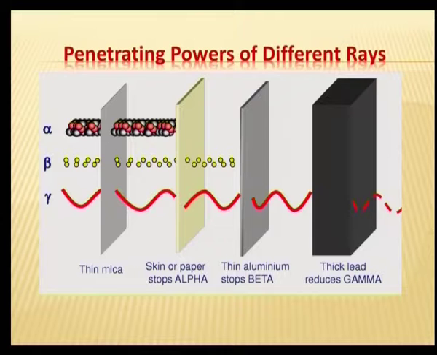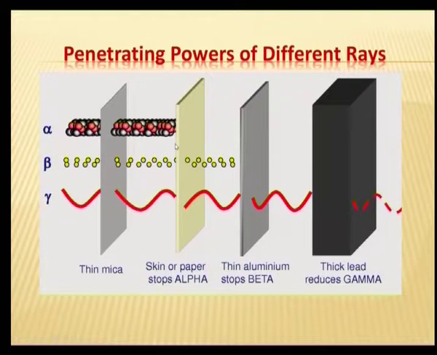Second, beta is an electron, and gamma is something like light radiation, but much more powerful, the energy is very high. The power associated with gamma radiation is clearly depicted in this diagram. You see, alpha radiation can be stopped by human skin. The penetrating power is not very high.